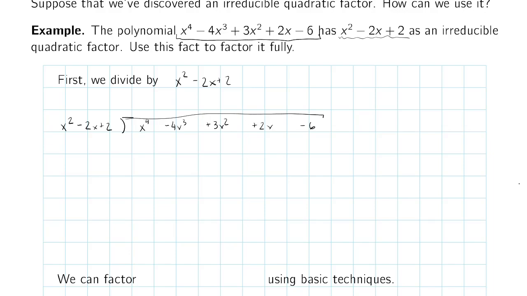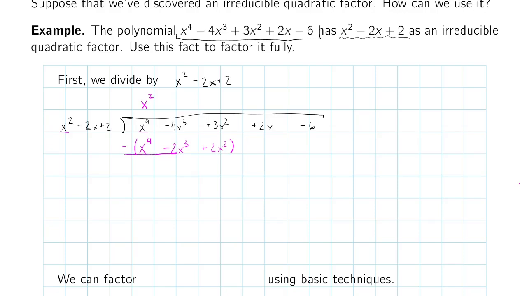And then term by term, we'll say x squared goes into x to the fourth. Well, x squared times another x squared is x to the fourth. So x squared times my divisor, I'll have x to the fourth minus 2x to the third plus 2x squared.